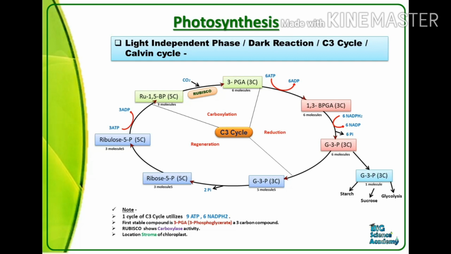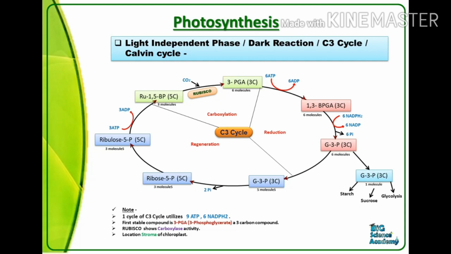In the next step, which is the reduction phase, we will see that the 6 3-PGA molecules are converted into 6 molecules of 1,3-bisphosphoglyceric acid. Here 6 ATP molecules are utilized to convert the single phosphate containing molecules into double phosphate containing bisphosphoglyceric acid molecules.